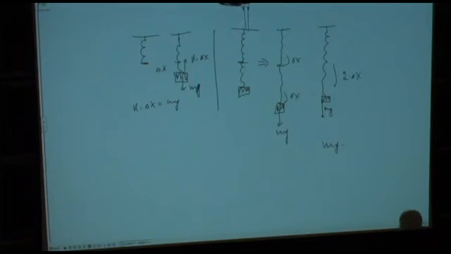Now mg equals k effective times 2 delta x, that's the new equilibrium. So k effective will be equal to mg over 2 delta x, but mg over delta x is just that original k. So it's k over 2.